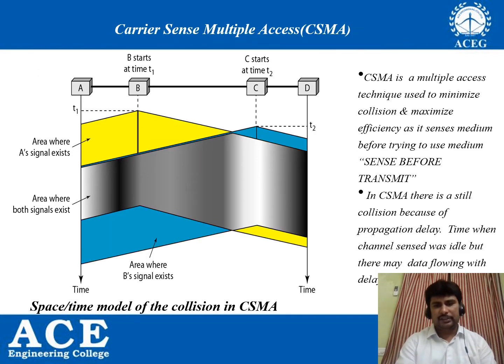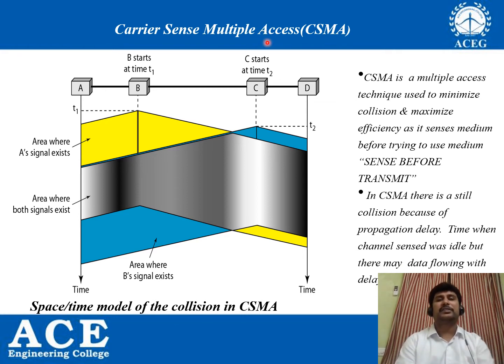Right. The next type of random access protocol is called carrier sense multiple access, which is a modified version of pure aloha. In pure aloha, we were transmitting the data whenever we had it, or we were waiting for the time slot and trying to send the data.